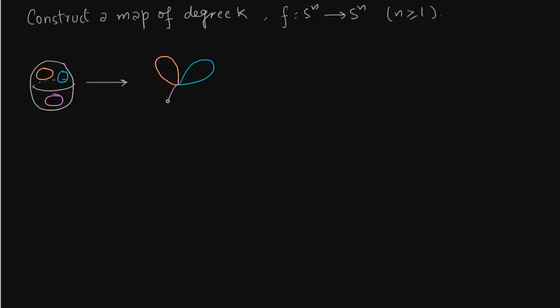If the complement of these balls is collapsed to a single point, what we get is a wedge of spheres, three spheres. You see the three colors have become three spheres. So each of these balls has become a sphere now. It's very clear.